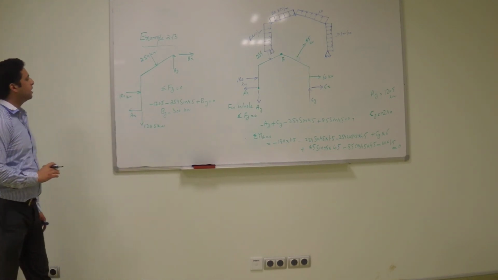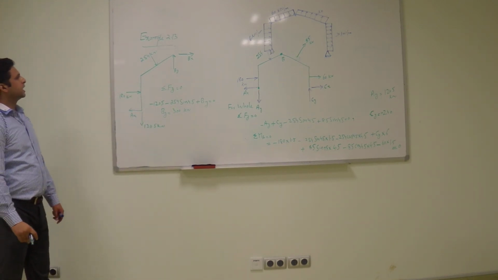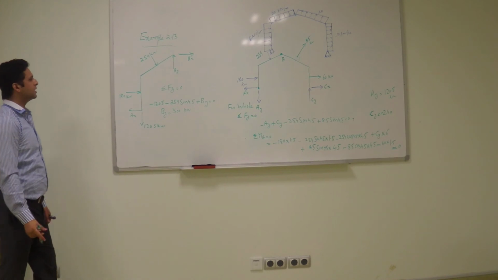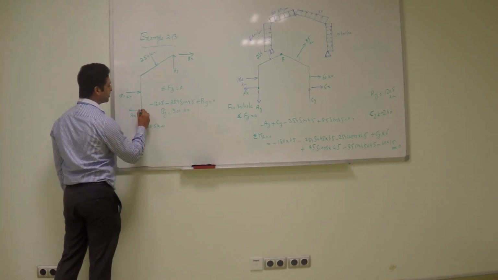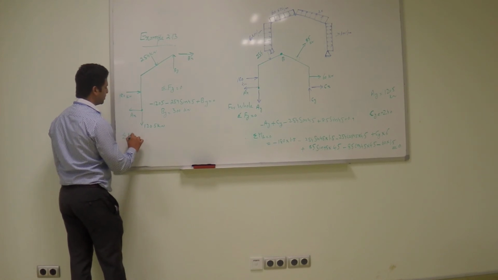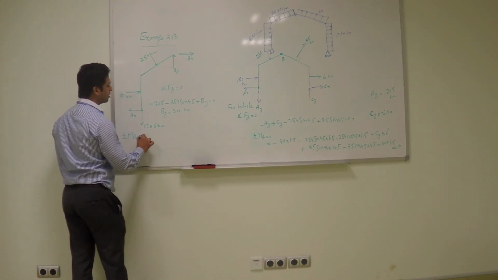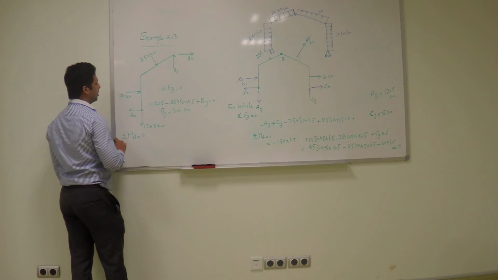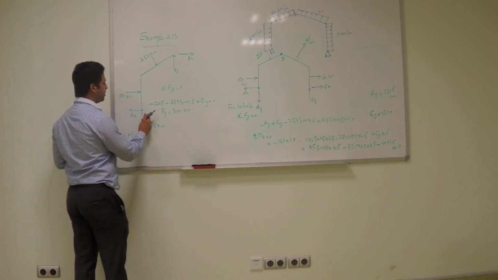Now sigma Fx. Can we use sigma Fx, or let's take moment at point A? Sigma moment at point A is equal to 0. These two forces will become 0.